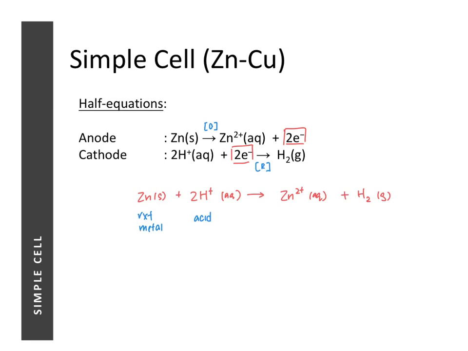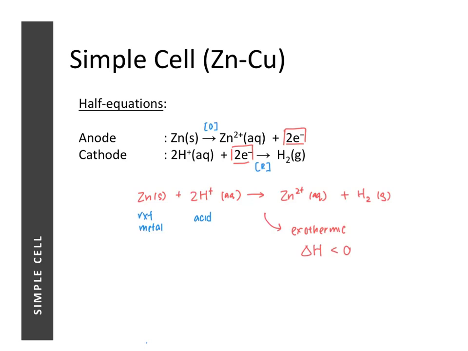Now, the reaction of reactive metals with acids, if you can recall again from the topic of energy changes, is actually exothermic. What it means is that energy will be released in the reaction. Now, if we simply allow the two reactants to mix, the energy will be released in the form of heat.